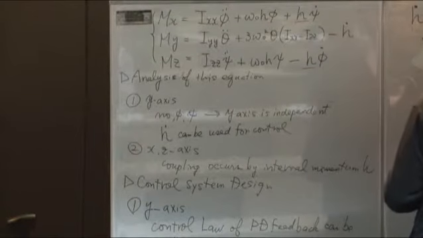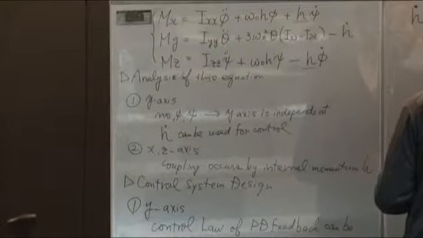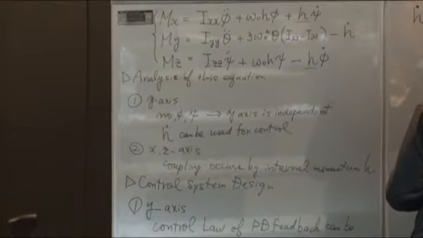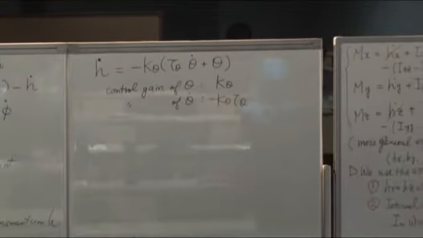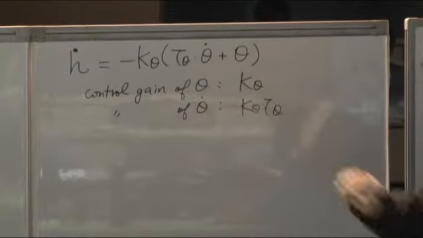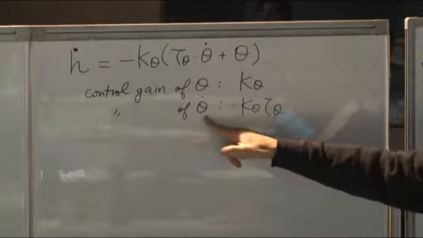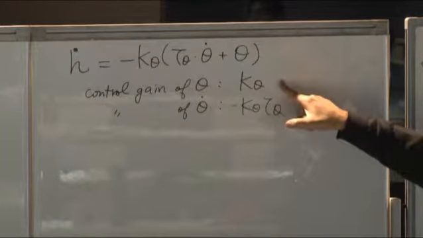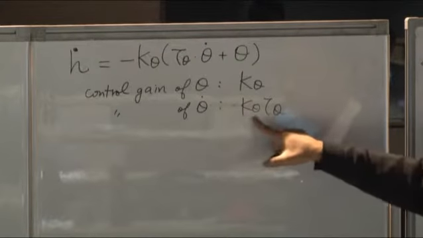Theta is in this case k theta, and the control gain of theta dot is k theta tau theta. Okay, we have two design degrees of freedom. We have two gains: one is a gain of theta, and one is a gain of theta dot. Now we write this kind of feedback law. The control gain of theta is denoted as k theta, and the theta dot is k theta tau theta.